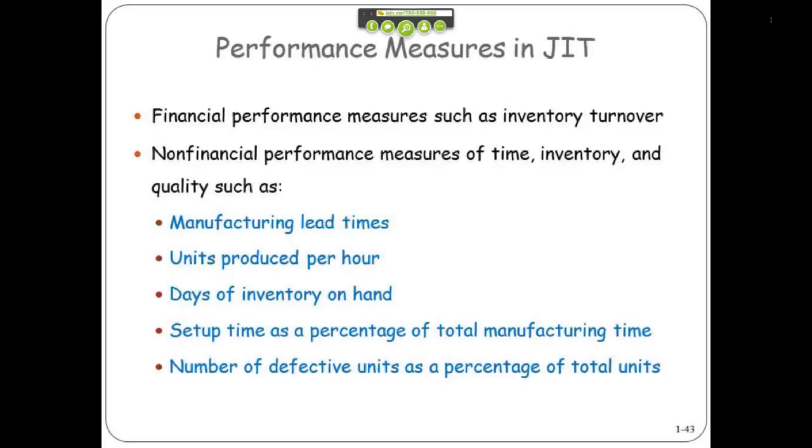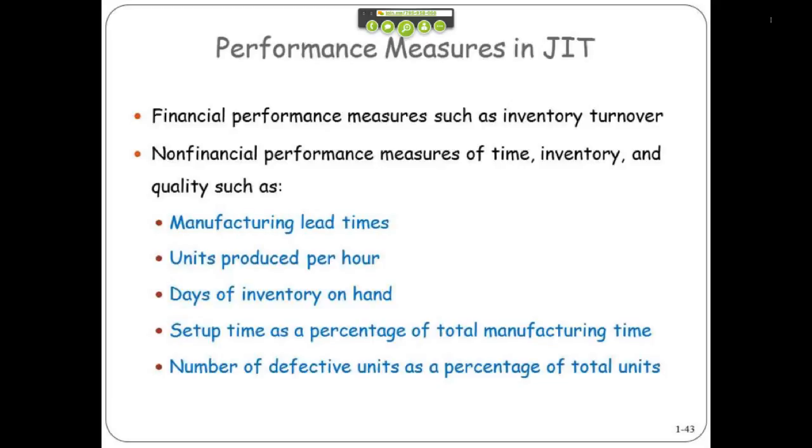If you have a just-in-time environment, you want to have specific metrics, measures, that will let you know how you're doing with your just-in-time. Inventory turnover. You'd expect a very quick turnover because you can have very little inventory on hand. You want to make sure your lead times are short and that you're working efficiently.